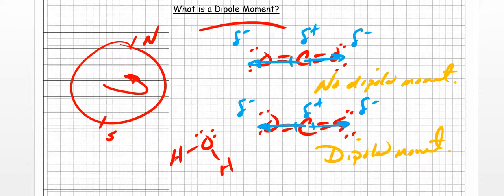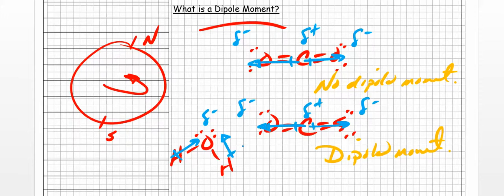So if I look at this bond right here between hydrogen and oxygen, that hydrogen-oxygen bond is polar. The electronegativity arrow goes in that direction, right? Oxygen is obviously more electronegative than hydrogen. This electronegativity arrow goes in this direction, just like that.